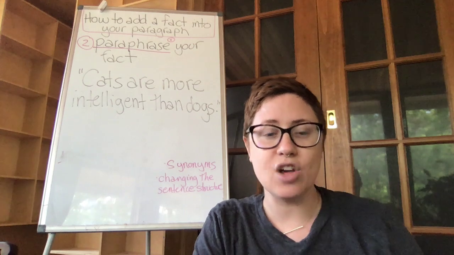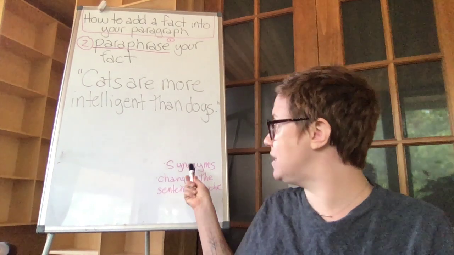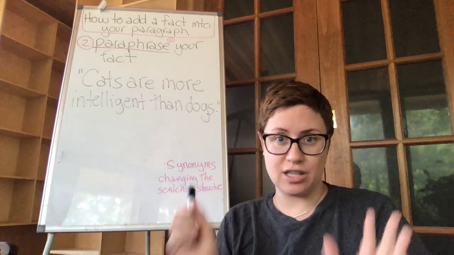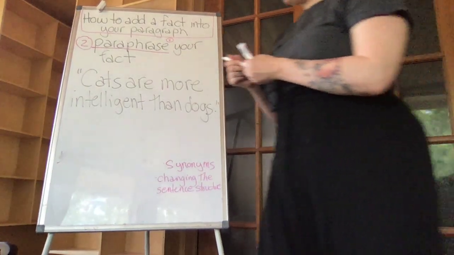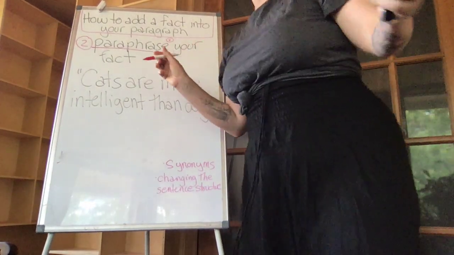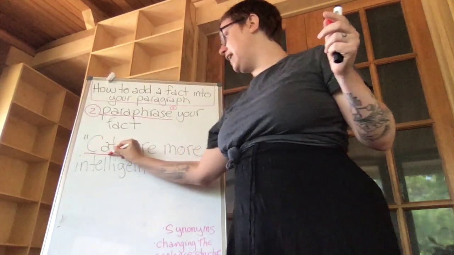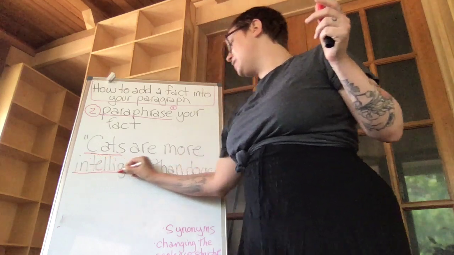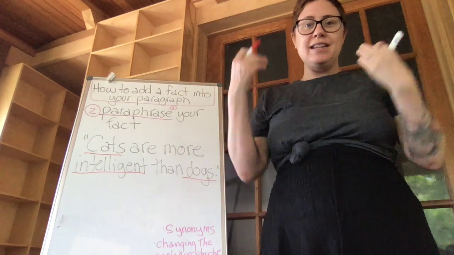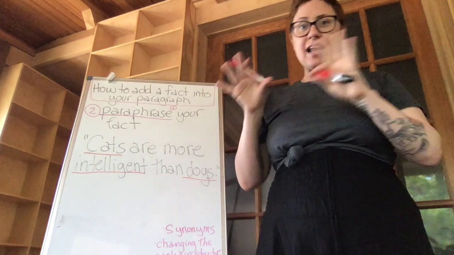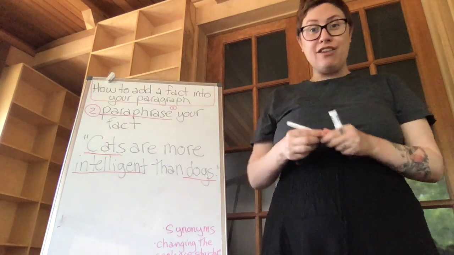So, cats are more intelligent than dogs. How do we paraphrase this? We need to use synonyms and we need to change the sentence structure. First, let's identify the words that we can use synonyms for. Usually we can use synonyms for our main words, our nouns, which are our subject and object, our adjectives, sometimes our main verbs.